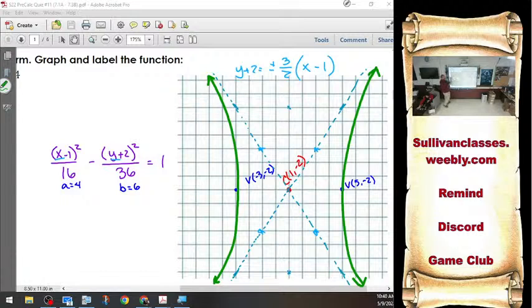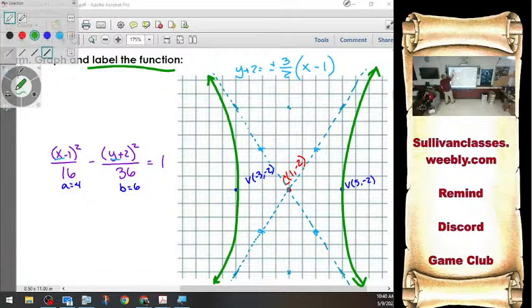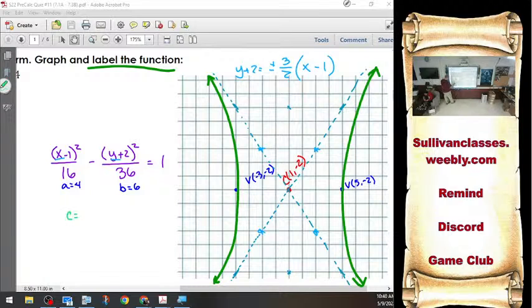You have to make sure, label the function. Make sure you're labeling everything you're supposed to label. C is found how with these guys. Okay, so 16 plus 36 is 42, 52, 2 root of 13. Which is about how far?